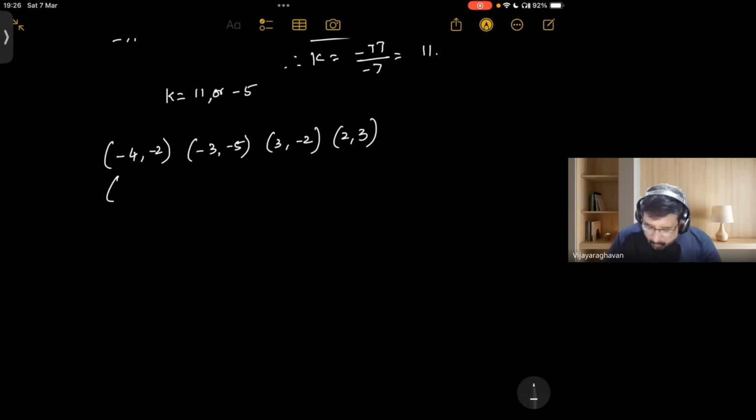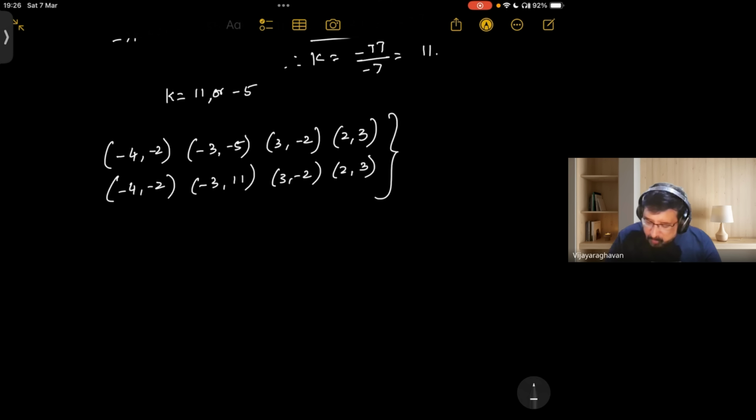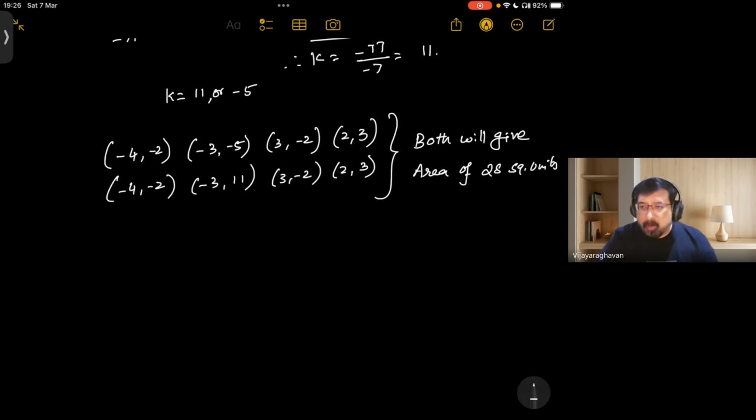And we have minus 4, minus 2, minus 3, 11, 3, minus 2, 2, 3. See, both will give an area of 28 square units. Taking in the same order, it will give 28 square units only.